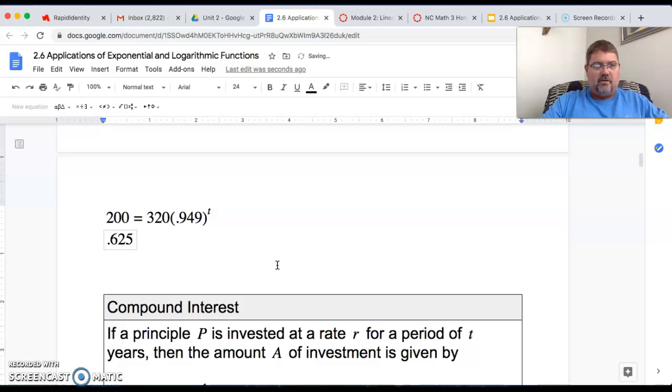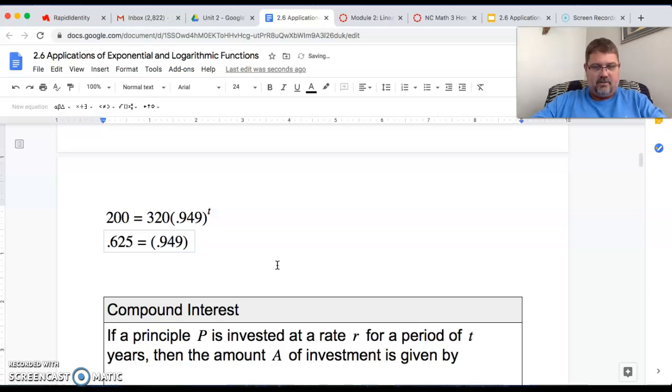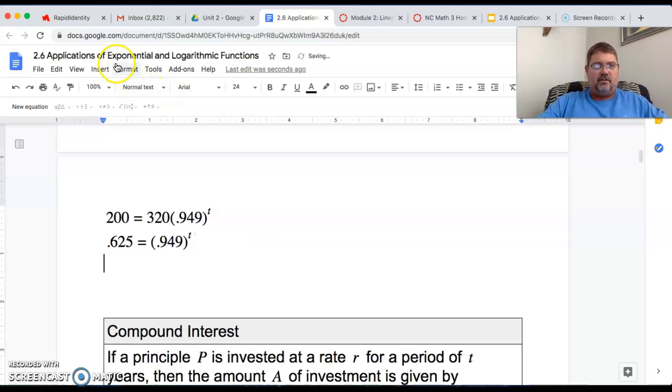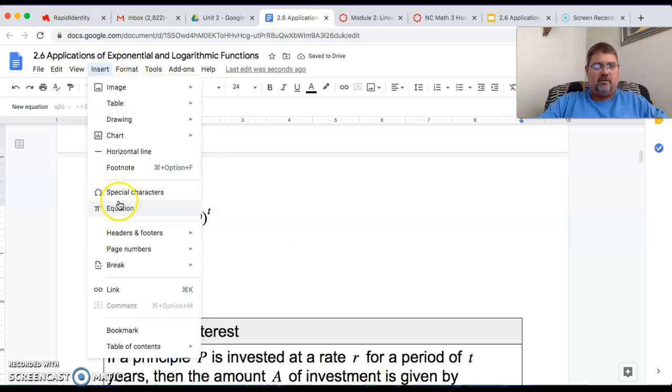Now we have an isolated exponential expression, and that's what we needed. The next move is to take the log of both sides. It doesn't matter which one, but use a convenient form. You can use natural log or log because your calculator will make that computation easier, since it has those built in as functions where you don't have to change the base or anything.